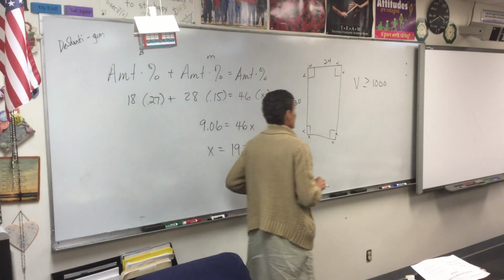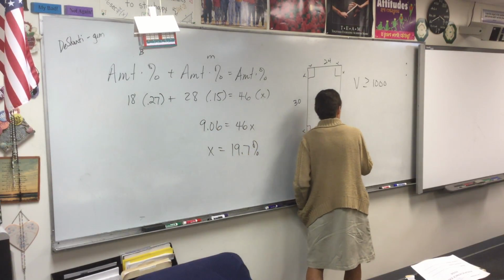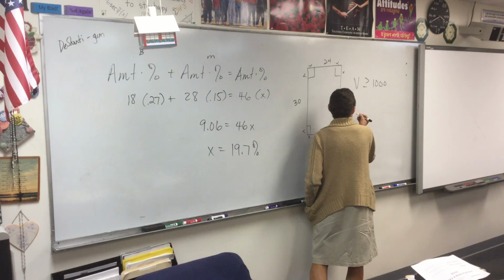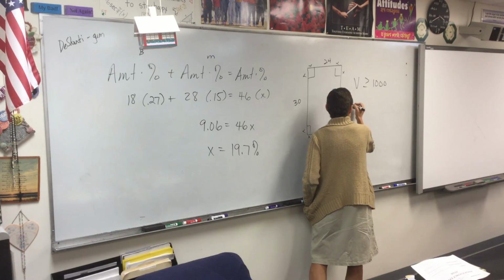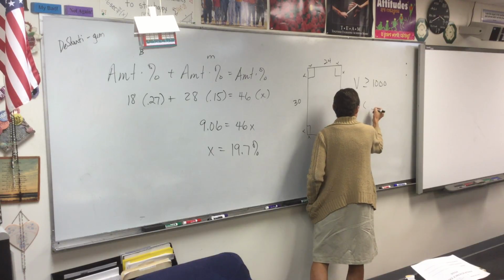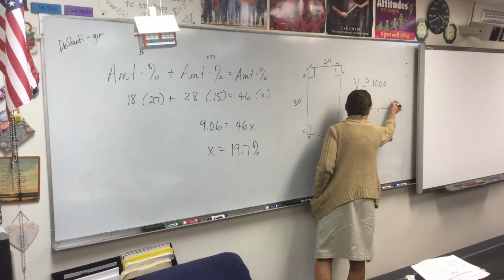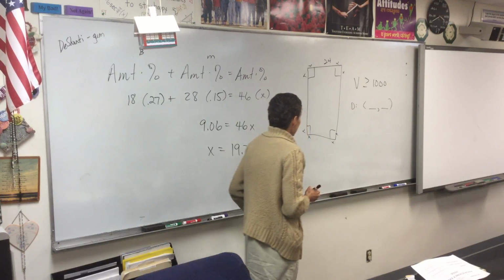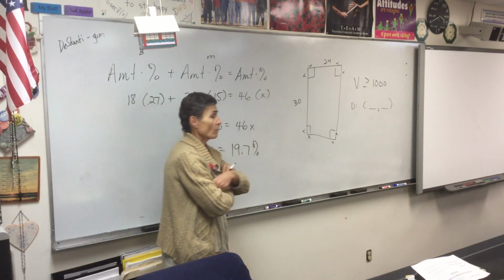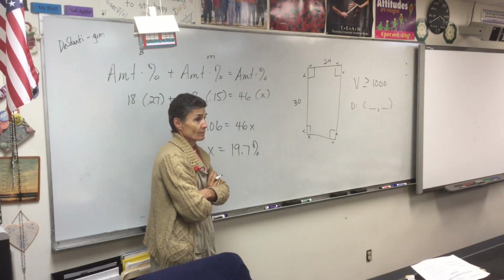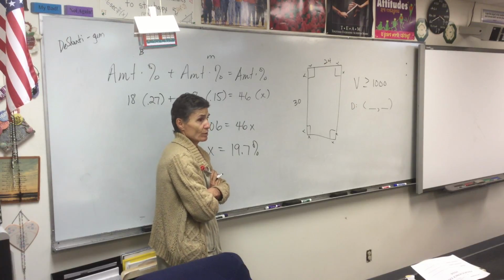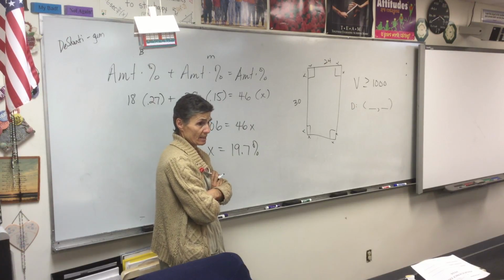Well, you're going to need the domain in order to set up your window, right? Because your domain is going to be X min and X max. If the paper is 24 by 30, what is X min and X max? You already know that. We've talked about this a zillion times.